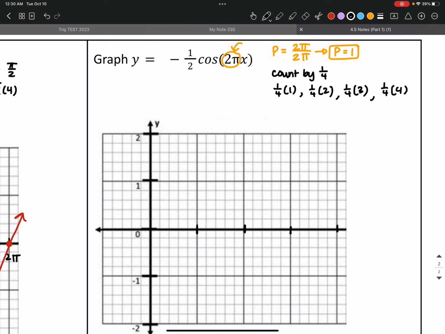So my scale will be 1/4, and then this will be 2/4 or 1/2, and this will be 3/4, and this will be 1/4 times 4, which is 1. So I'll have 1/4, 1/2, 3/4, and 1, and then this over here will be -1/4.